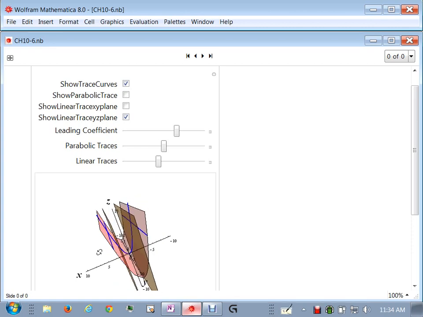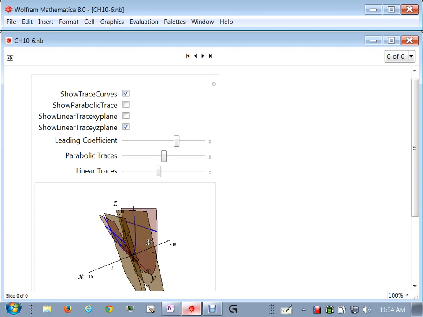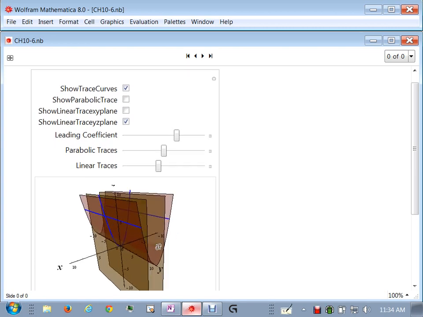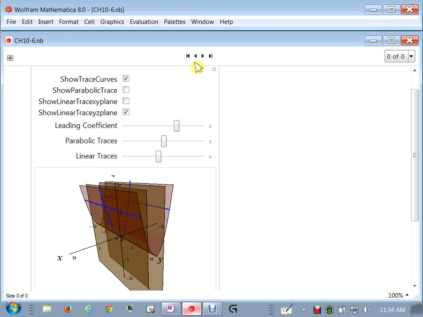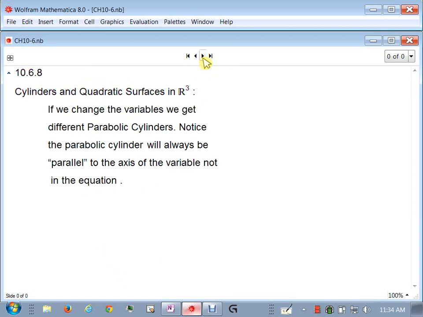I'm just looking because those don't look like they hit, do they? My plane doesn't look like it hits. There's something wrong in my code, but you get the idea, right? We cut it down like this. I should hit where I hit and intersect. I should have lines. All right, so if I want to open that up, I'll come back and sketch if we have time.